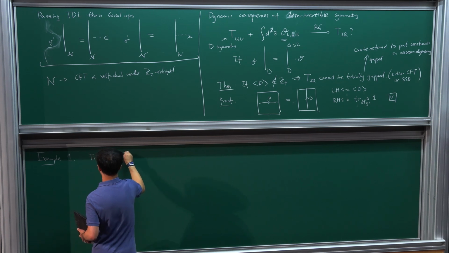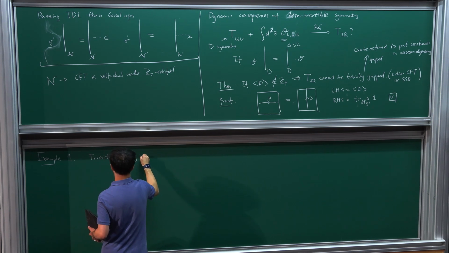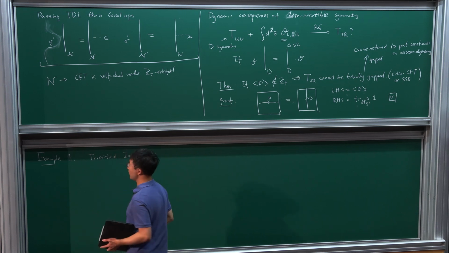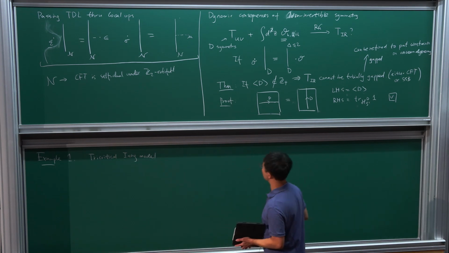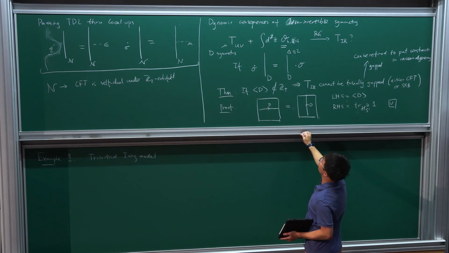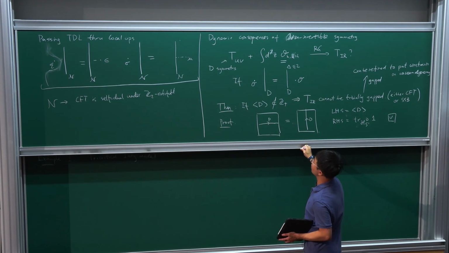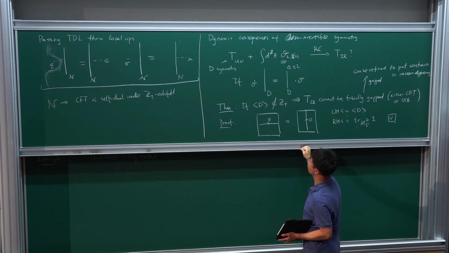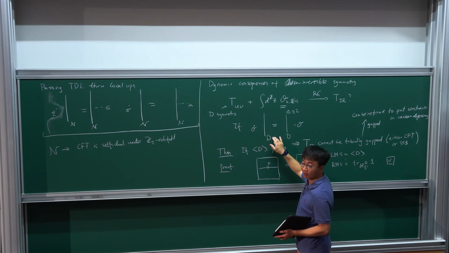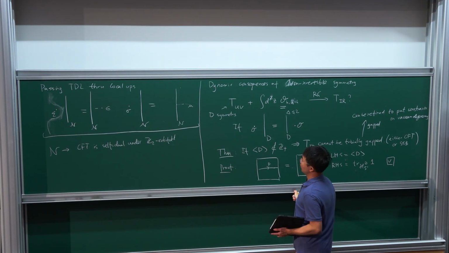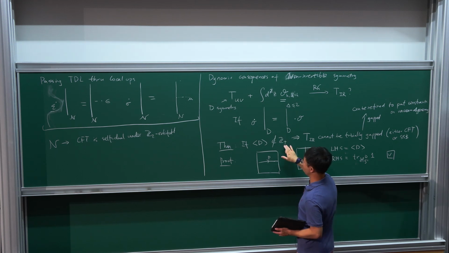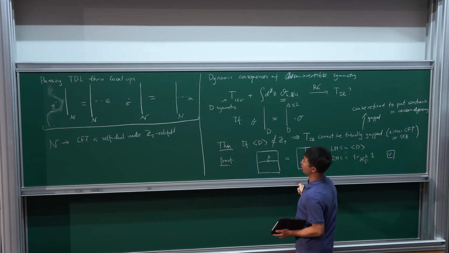So you can start with the tricritical Ising model. I'm working in the continuum. On the lattice, there are more possibilities, but in the continuum, for the Ising CFT, there is no relevant operator that preserves or that commutes with the duality defect, the non-trivial defect which has this property.